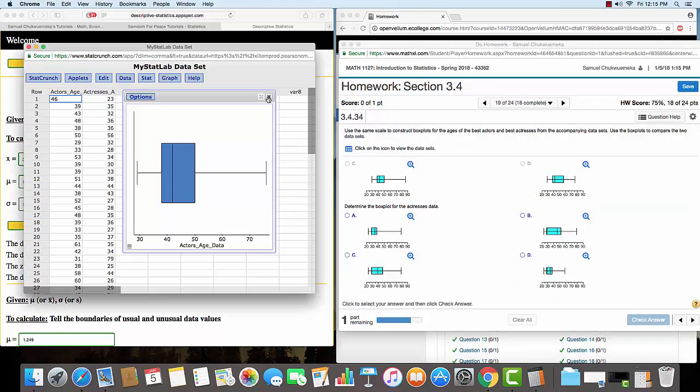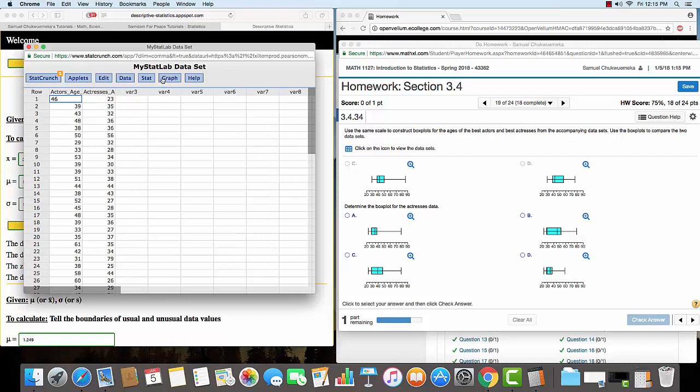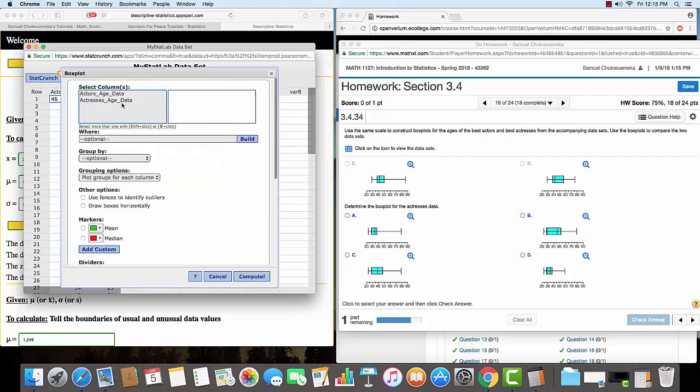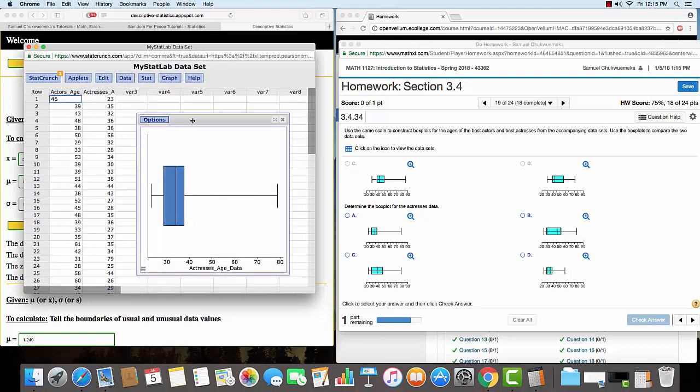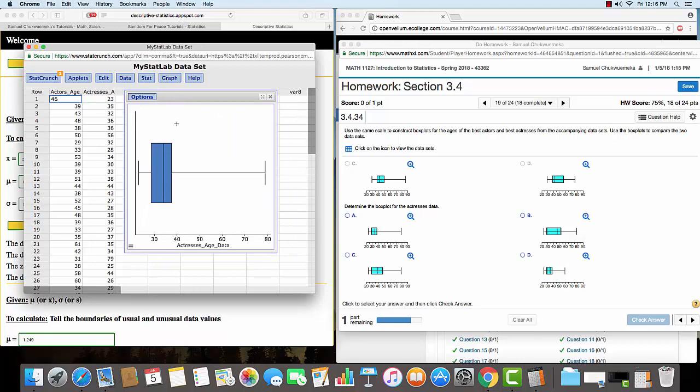Let's do the actresses. I'll click graph, box plot, actresses, draw boxes horizontally, compute. So here, minimum is 23. A is okay, B is okay, C is okay, D is okay.